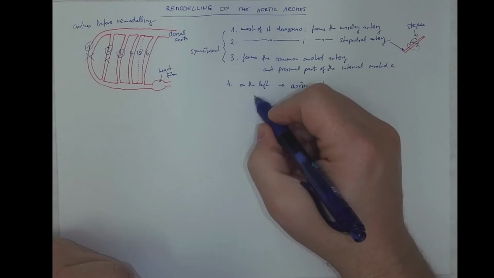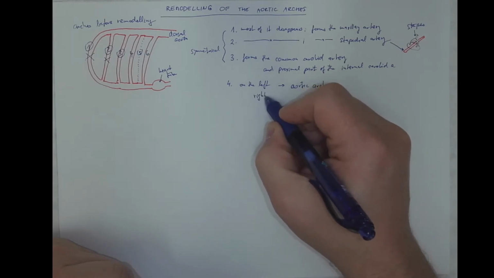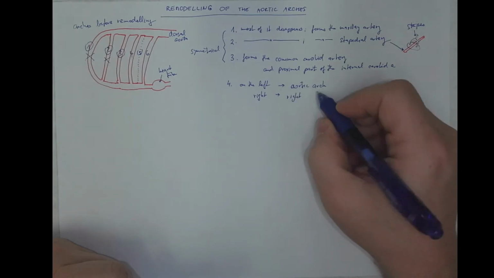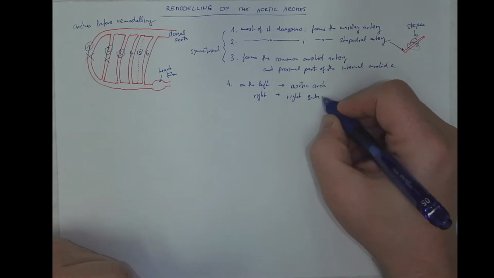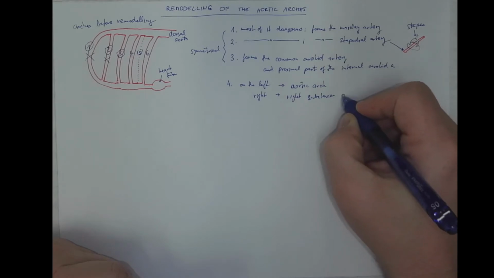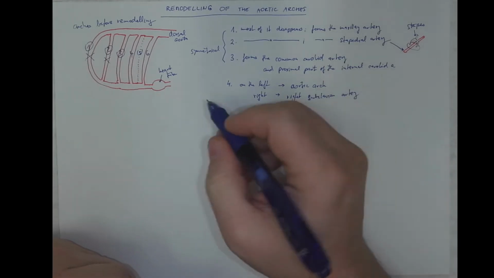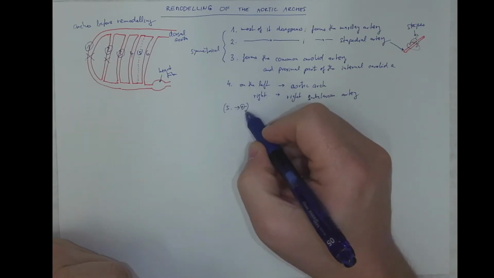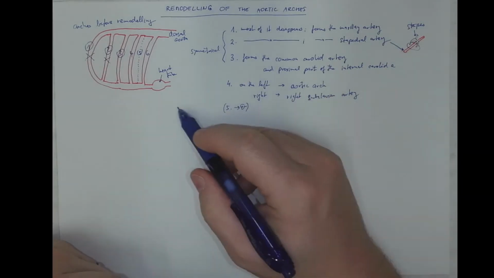And on the right, it forms the right subclavian artery. As we know, the fifth is not formed at all, therefore no arteries are derived from that.